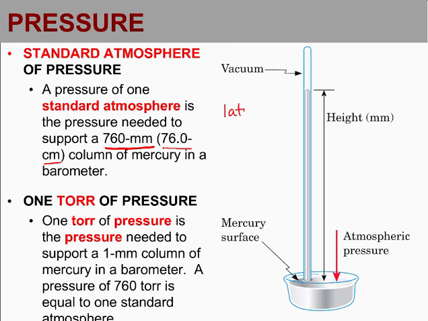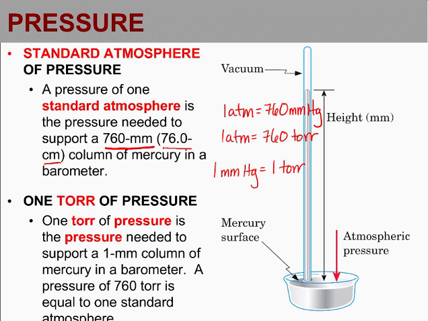We said that 1 atmosphere is equal to 760 millimeters of mercury, but 1 atmosphere is also equal to 760 torr. So what that tells us is 1 millimeter of mercury is equal to 1 torr.